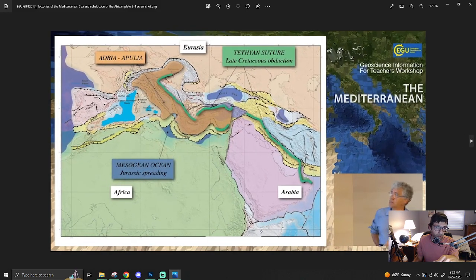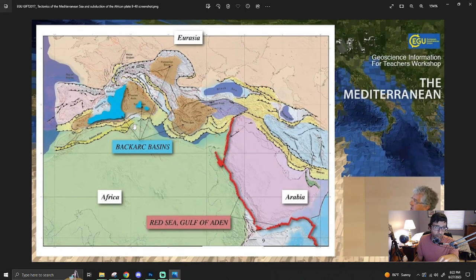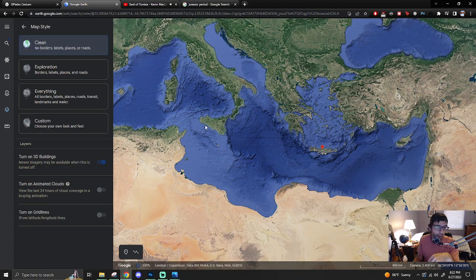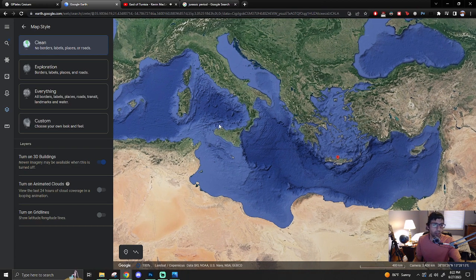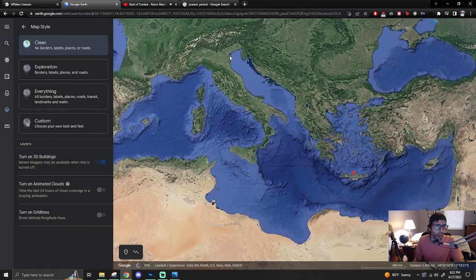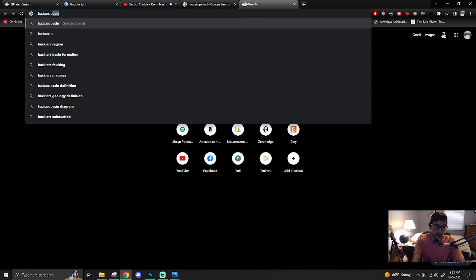I guess I took 2 images of this. Back arc basins in there. So I guess let's check out the back arc basins. What exactly is a back arc basin?